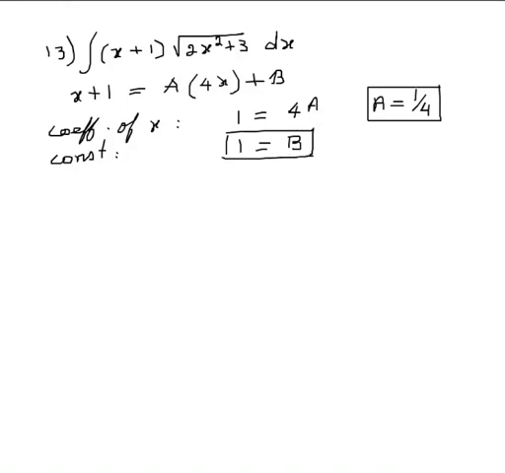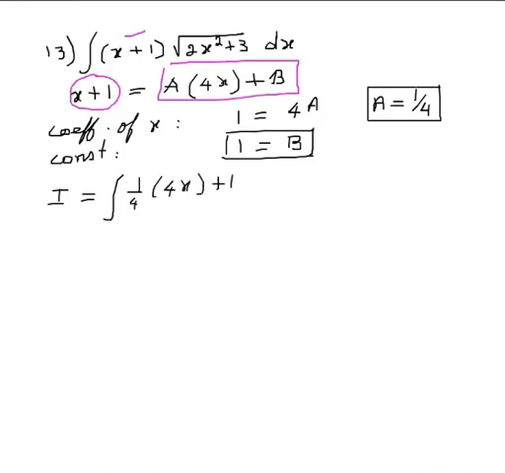So b is 1. Therefore, the given integral becomes, replace the expression x plus 1 in the given integral as a times 4x plus b. If you open these brackets and simplify, you will get x plus 1.